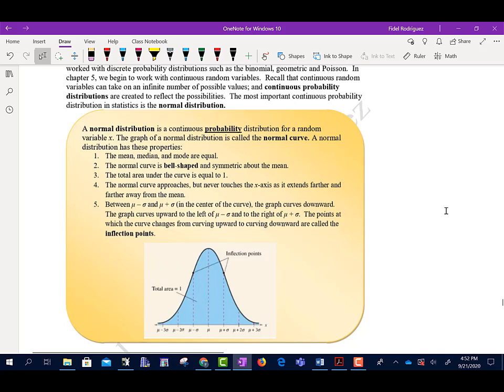The mean, median, and mode are equal. The normal curve is bell-shaped and symmetric about the mean. The total area under the curve is equal to 1. The normal curve approaches but never touches the x-axis as it extends farther and farther away from the mean. We're talking about this right here. It gets closer and closer to the x-axis, guys, but it never actually touches.